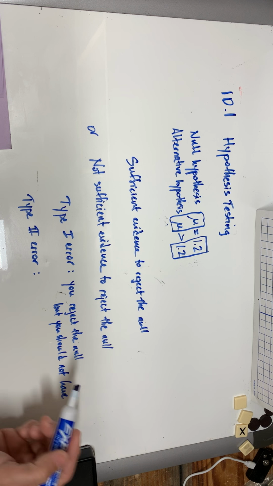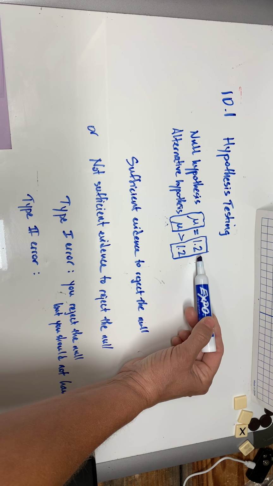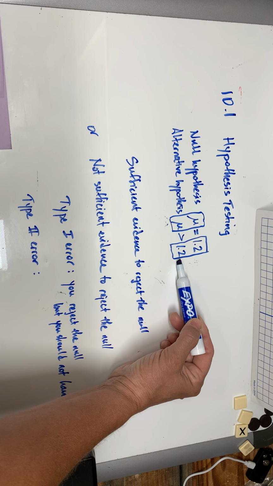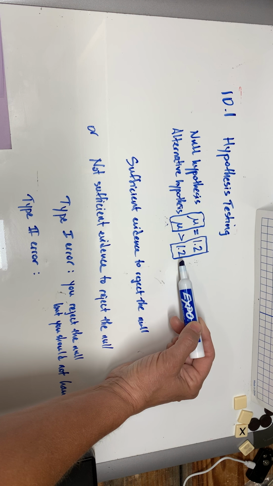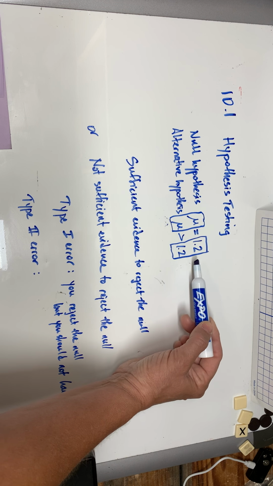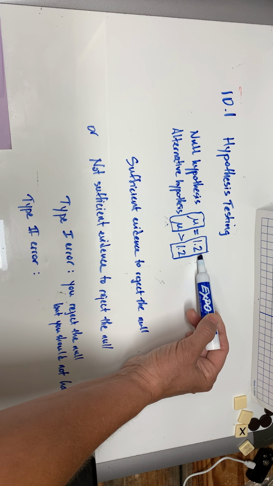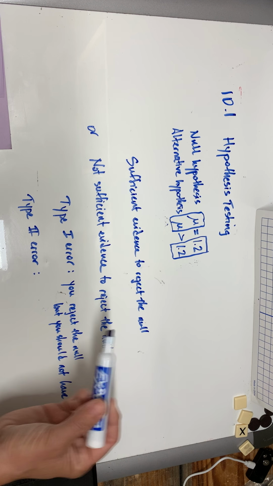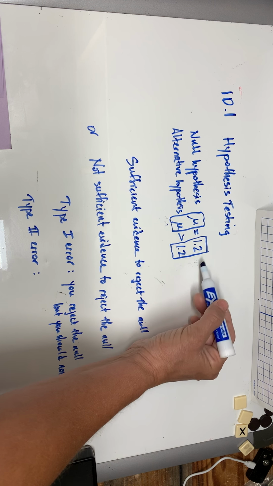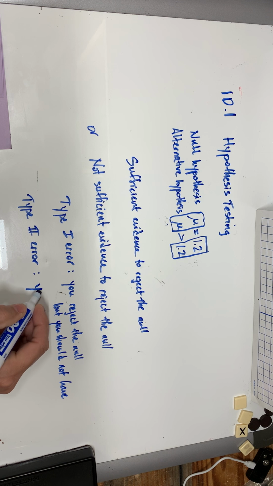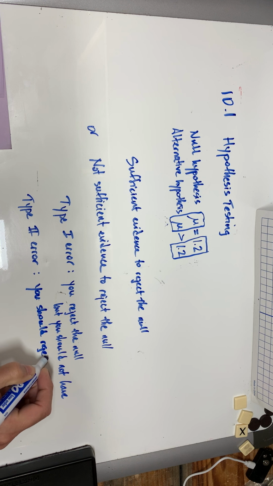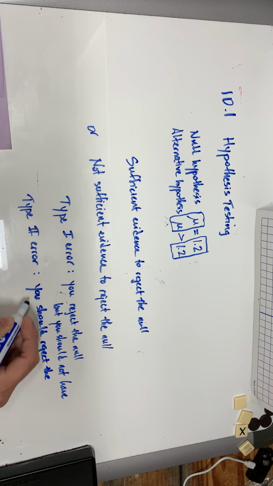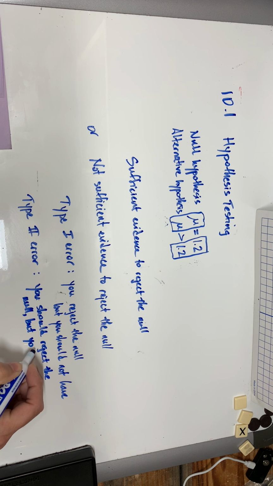In other words, you can reject the null, which is essentially saying that you like this one better, right? But you shouldn't have, because this really was the more correct hypothesis, okay? Or type 2, you should reject the null. You should reject it, but you didn't.